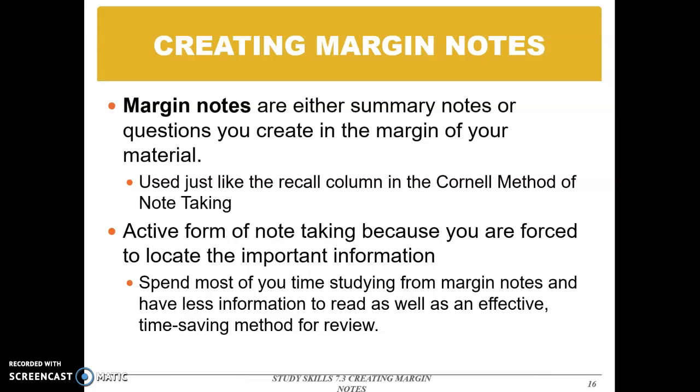It's active because you're forced to locate important information. So what you're going to do is write that important information in the margin of your book. Now the margin is that place, and it could be on the top, on the bottom, on the left, or on the right of your book. I didn't talk about this with highlighting, but it's the same thing.